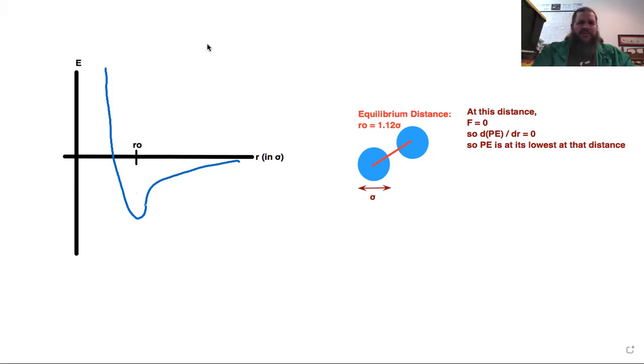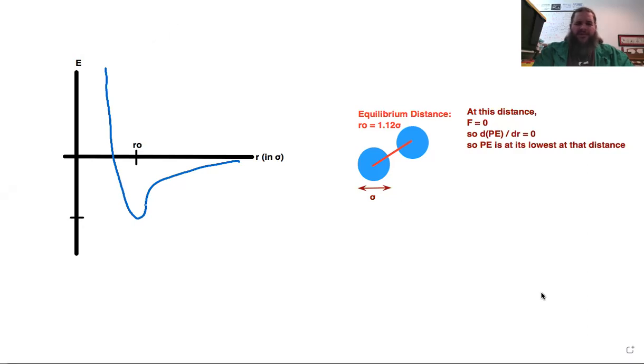So we have some lowest value of energy, and we typically call that negative epsilon. Epsilon is a quantity of energy, essentially a unit of energy.